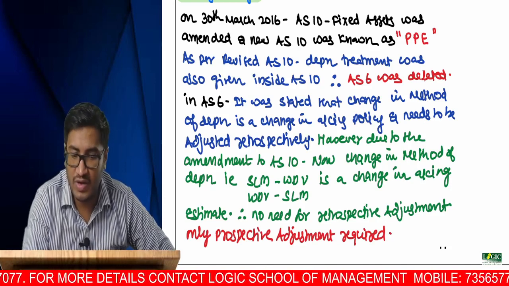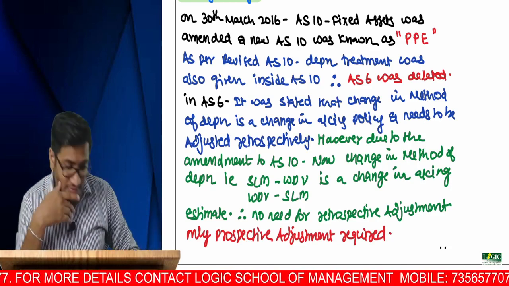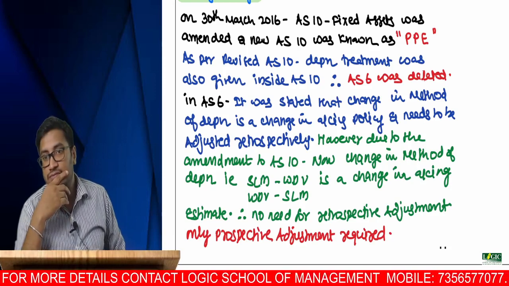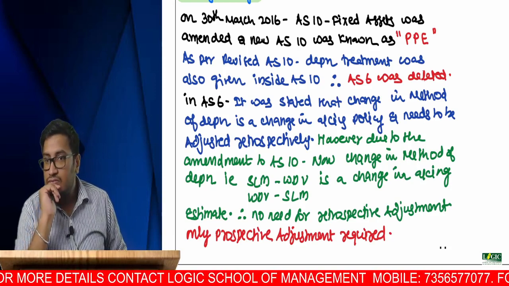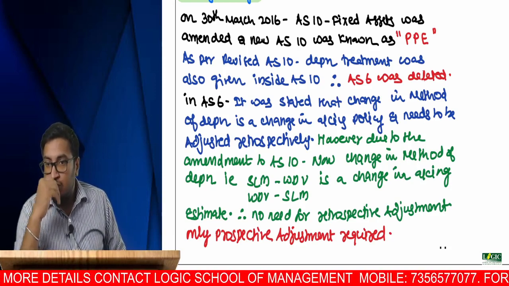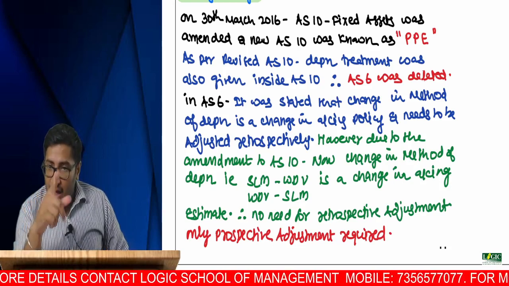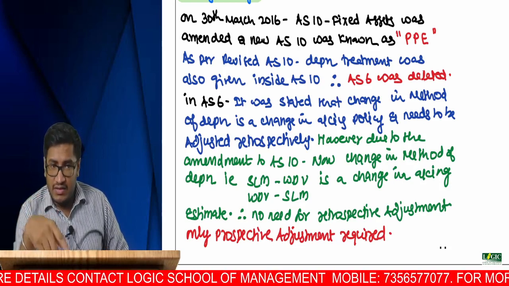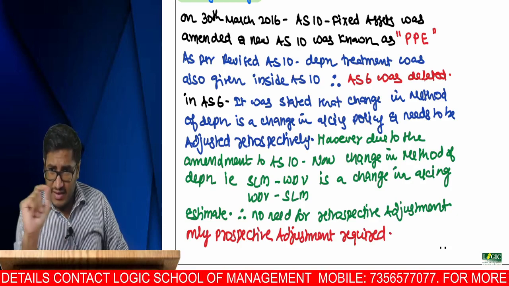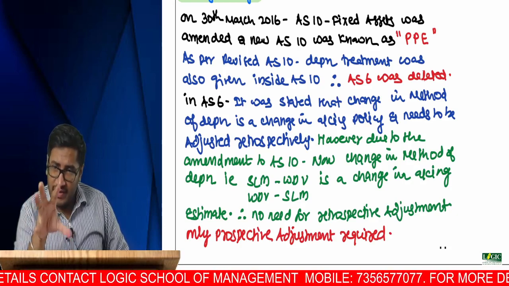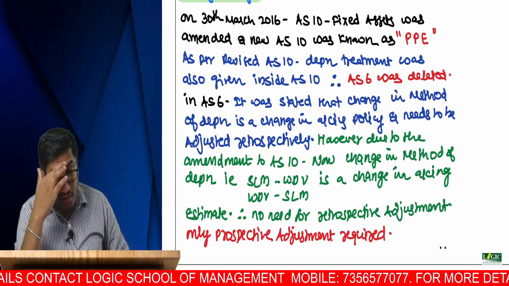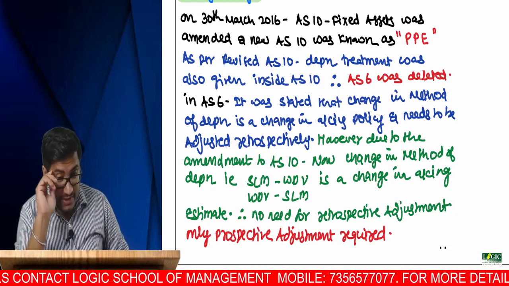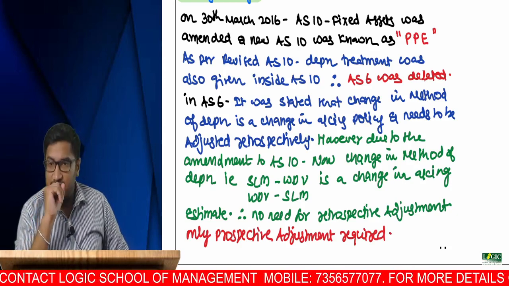Okay, Sri Lakshmi wants to write it. Then write it down, Sri Lakshmi. Consequent to that amendment, AS 6 was deleted. Accounting standard 6 deals with depreciation. Now depreciation is incorporated into which standard? AS 10 itself. You don't have a separate standard for depreciation.